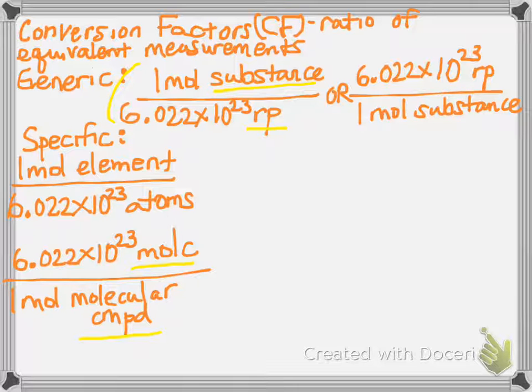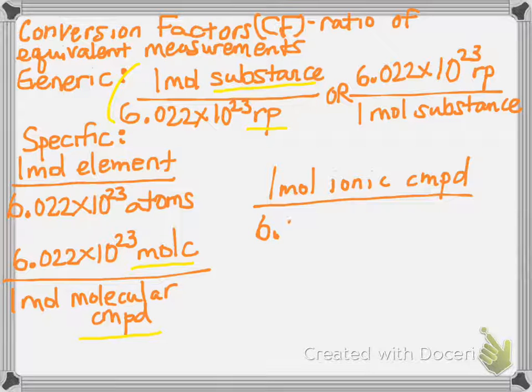So this is just the specific one for molecular compounds. There's one more, and hopefully you can figure out what that might be. That's going to be 1 mole of ionic compound over 6.022 times 10 to the 23rd formula units.